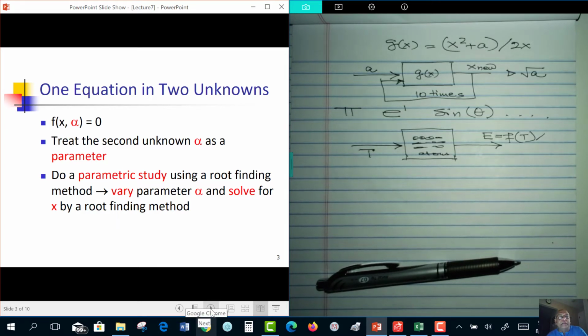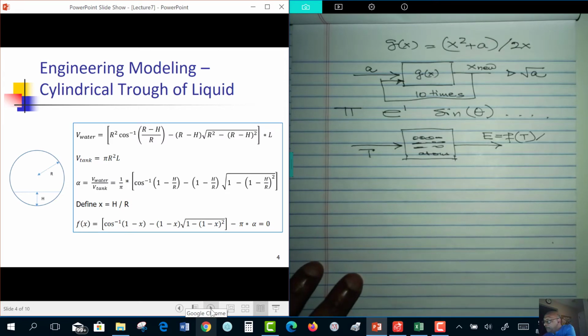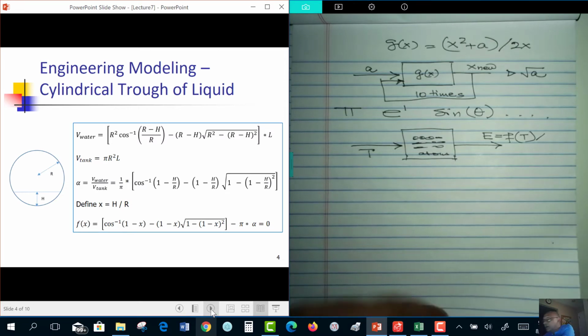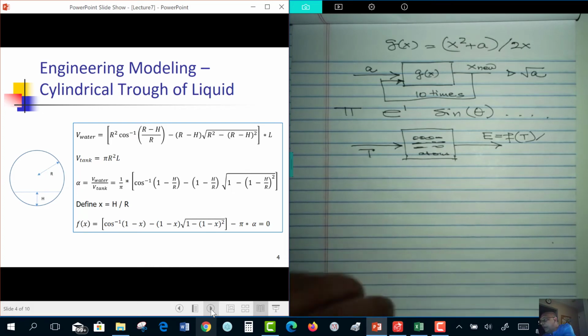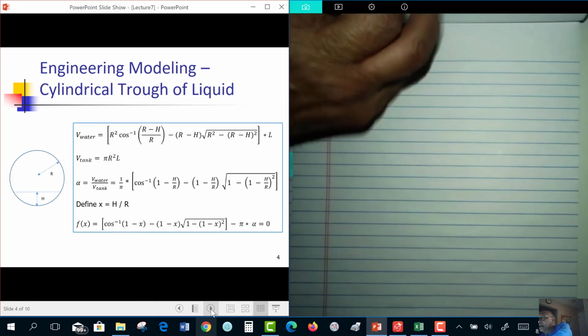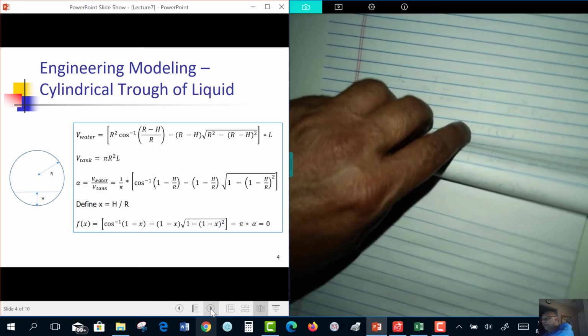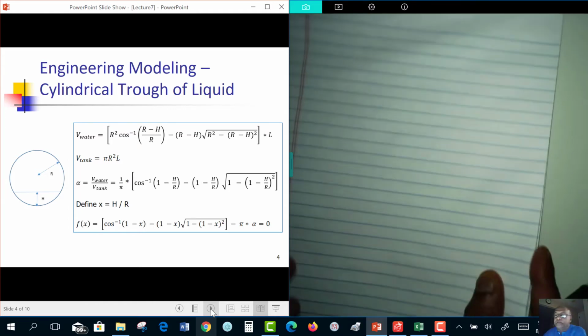So let's see an example. You may remember that in my first lecture, I talked about modeling and how we come across one equation, one unknown for even a simple problem.